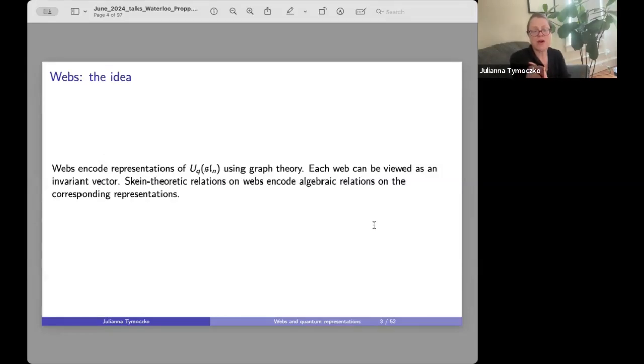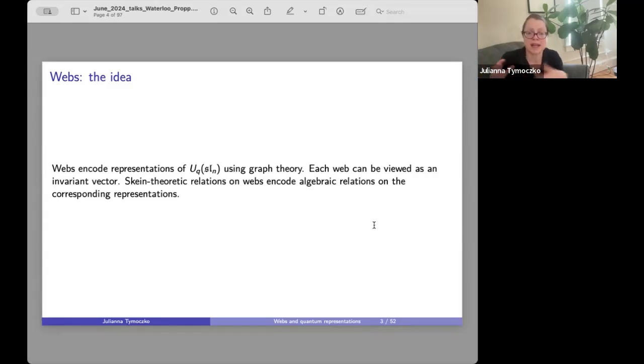And here's the overall idea about what webs are. They're a way of taking graphs and encoding representations of quantum SLN representations. The idea is that each web is some kind of invariant vector.